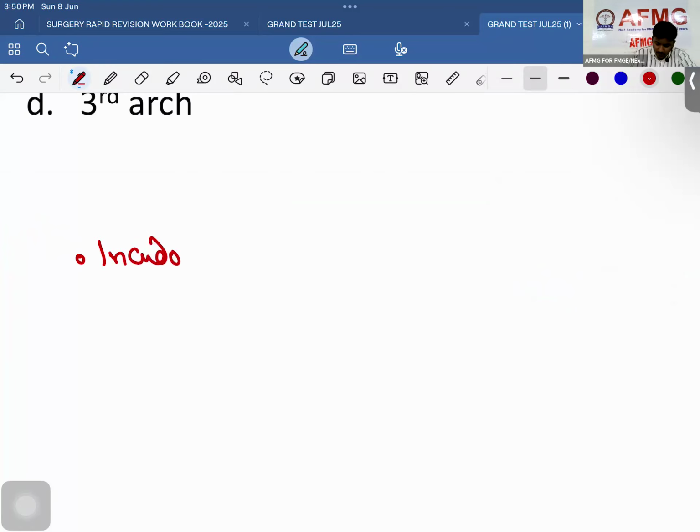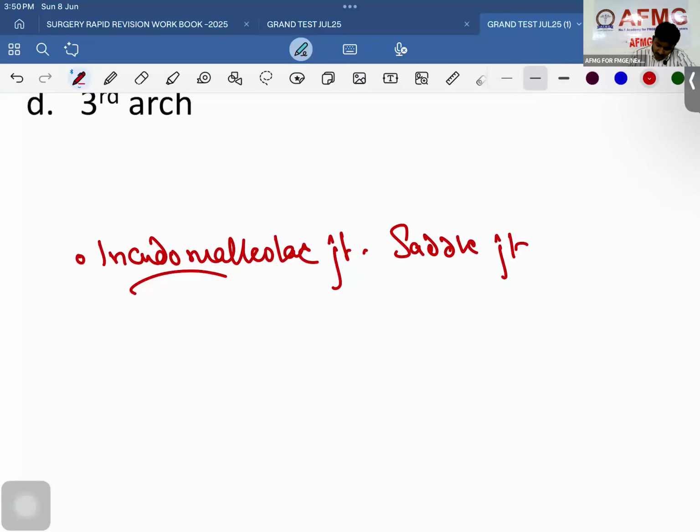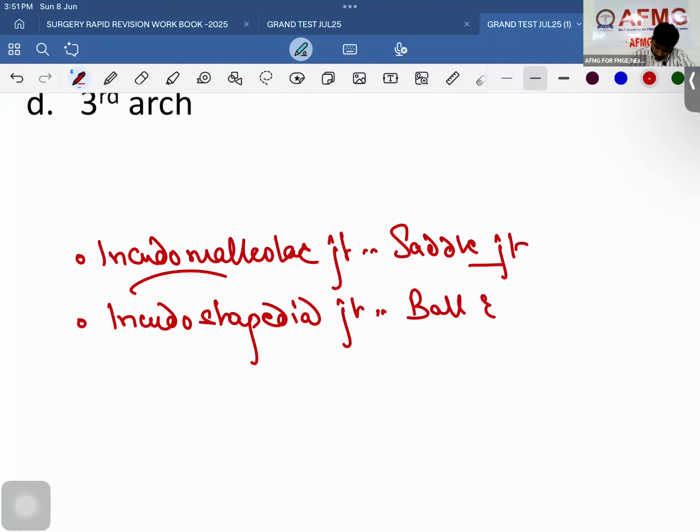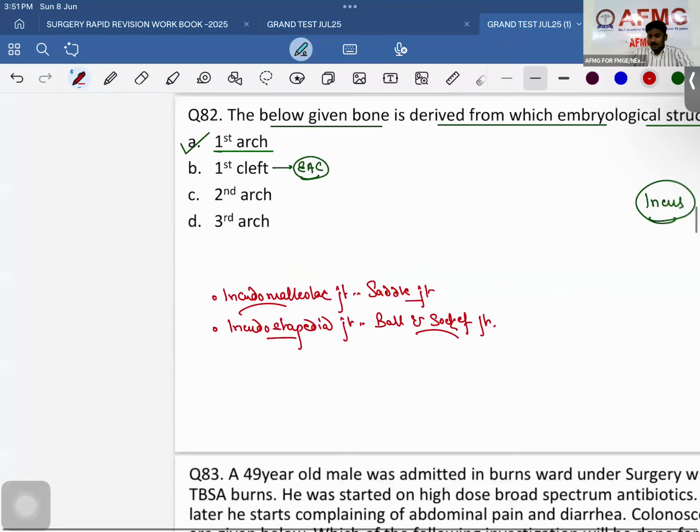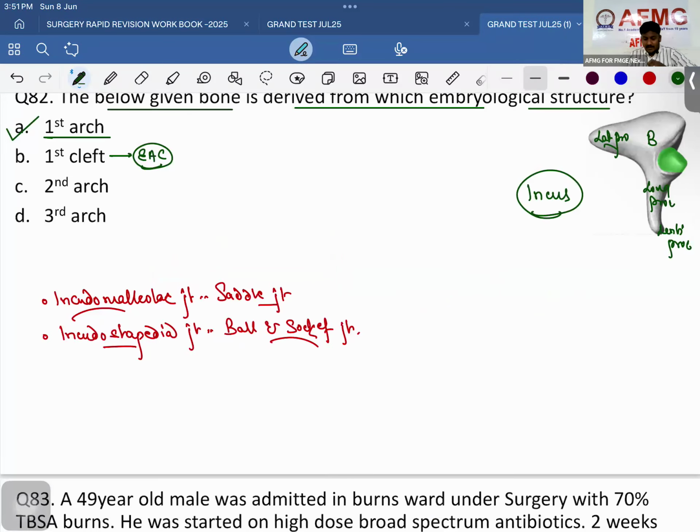We know that the incudomalleolar joint, beta, is an example of saddle joint, bache. Whereas the incudostapedial joint, very good. So we know that incudostapedial joint, if they ask you, beta, answer has to be the ball and socket joint, beta. Chalo, done with this. That has to be kept in mind.